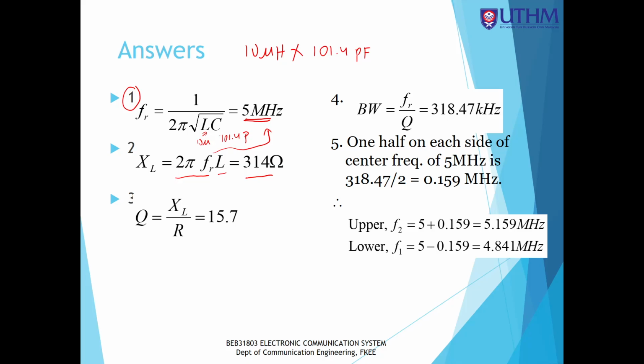And then 1 divided by the answer, so I get 4998056, which is 4.998 megahertz, so it has been rounded up to 5 mega. Am I answering your question? Yes, Doctor. So first of all, you need to calculate this first, and then the square root, and you multiply with 2 pi.